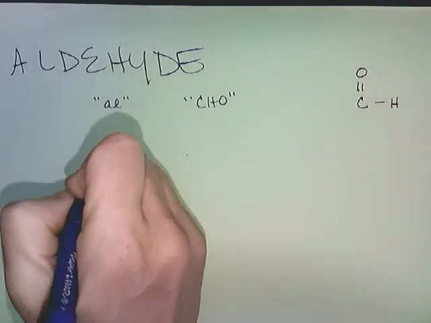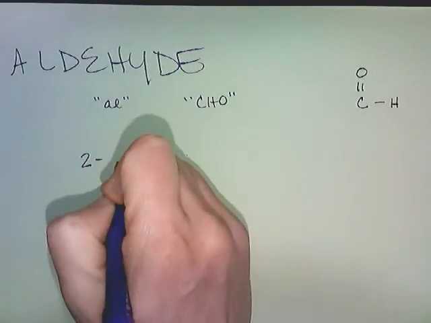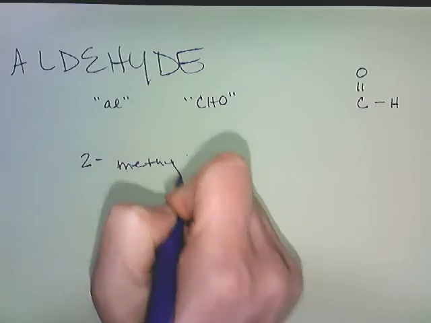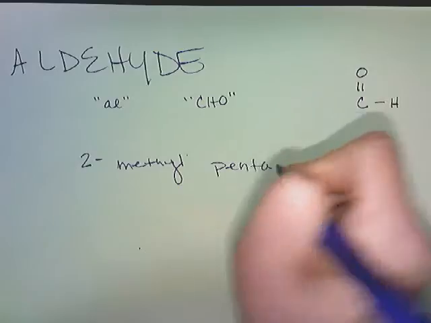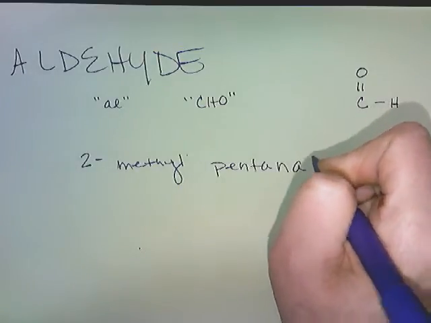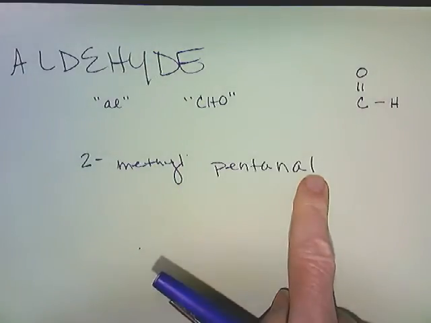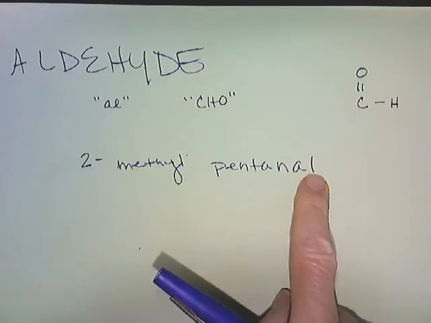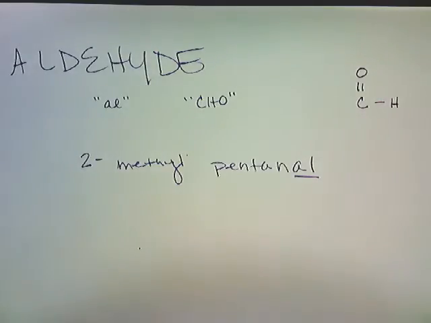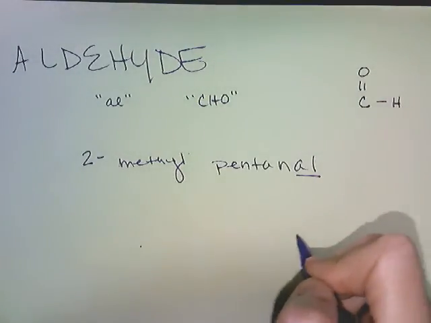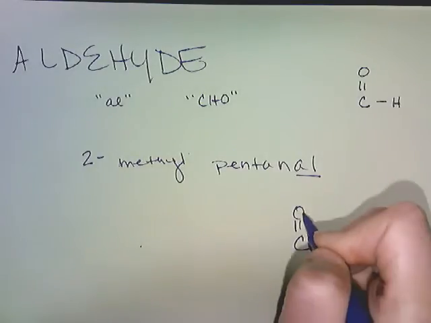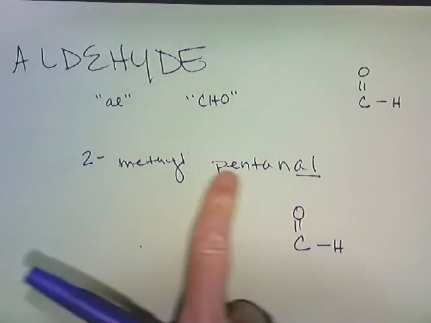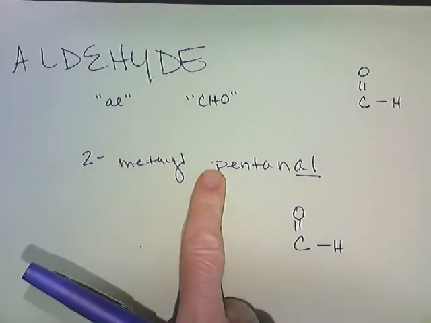So if you have the name of the molecule, 2-methyl pentanal. Okay, you see it ends in AL. So because it ends in AL, it is an aldehyde. You write that functional group, C, double bond O, H. So I know it's an aldehyde. And then I've got to figure out what's attached.